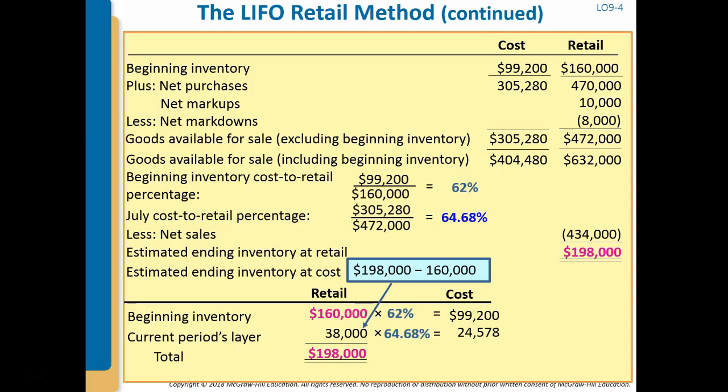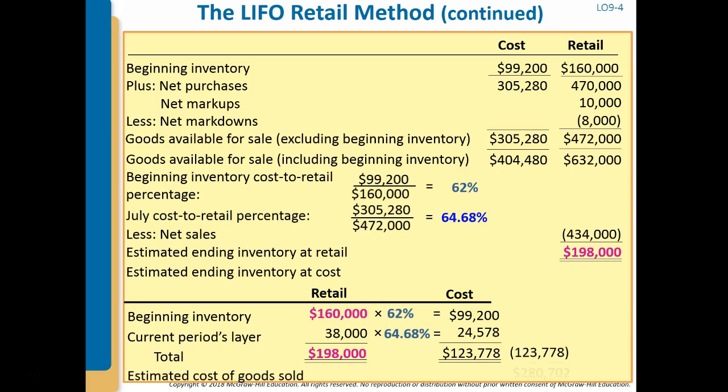So here's how home improvement stores would estimate total ending inventory and cost of goods sold for the period using the LIFO retail method. The beginning inventory layer carries a cost to retail percentage of 62%, which is 99,200 divided by 160,000. The layer of inventory added during the period is 38,000 at retail, which is determined by subtracting beginning inventory at retail from ending inventory at retail.